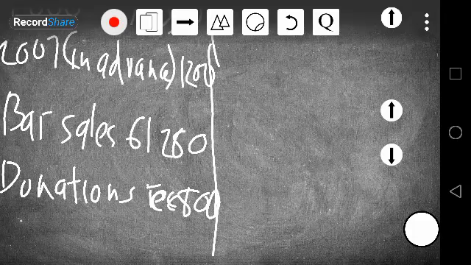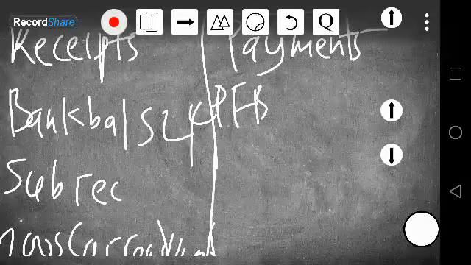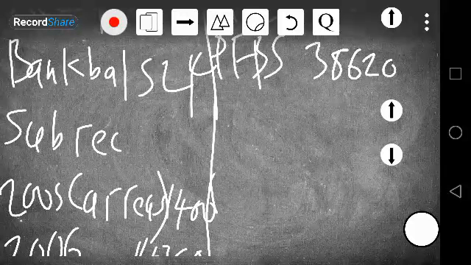Okay. Then we move to the payment side. We have payment for bar supplies, that's 38,620. Then we have wages.